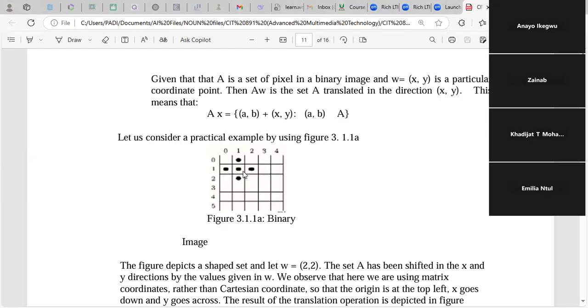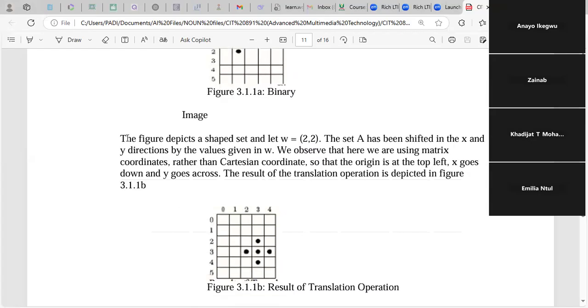If you are to pick the set of this diagram of this binary set, for each of these points you look up the intersection and pick the value. Let's say this first one should be 0 and 1. Then the second one should be 1, 1. The third one should be 2, 1, just like that. Now look at the figure.